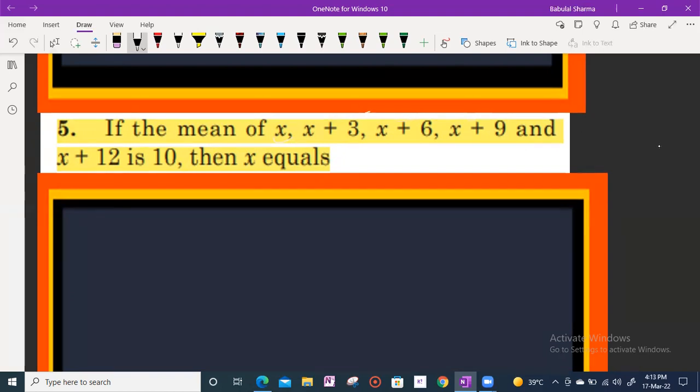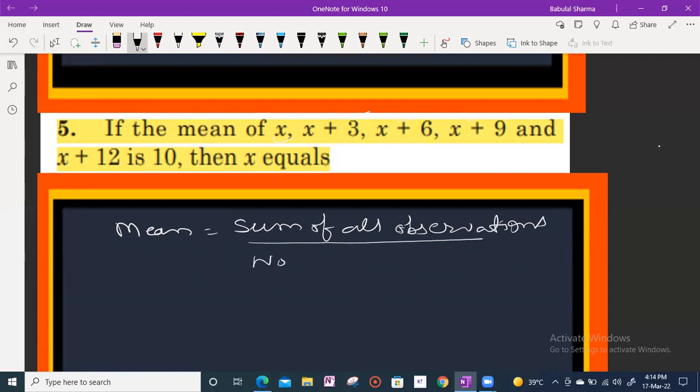So mean can be written as, the formula of the mean is sum of all observations upon number of observations.